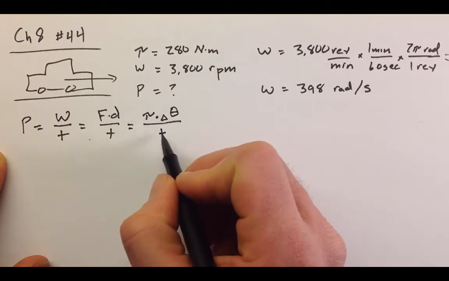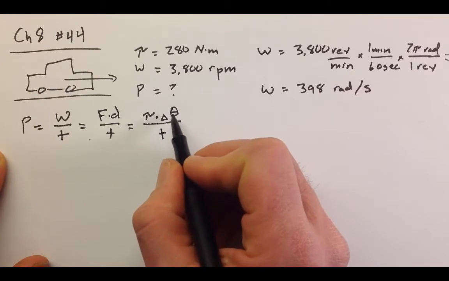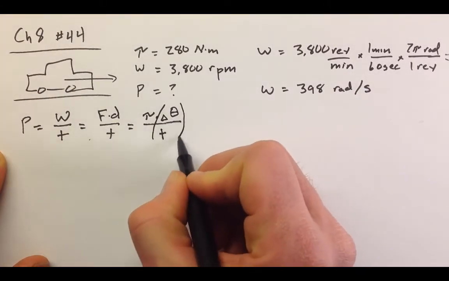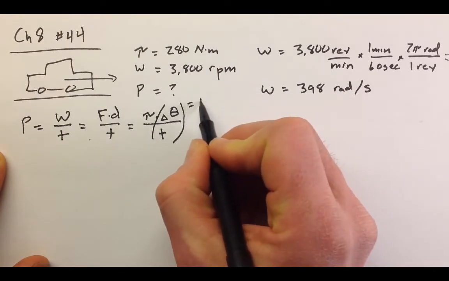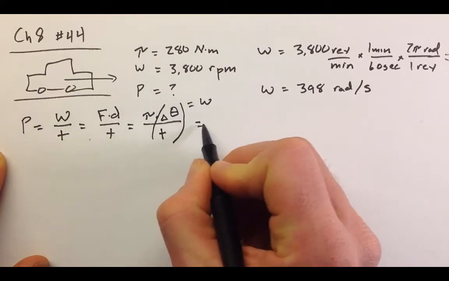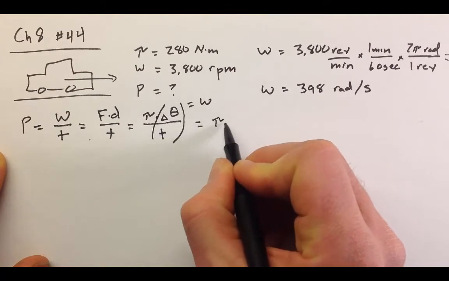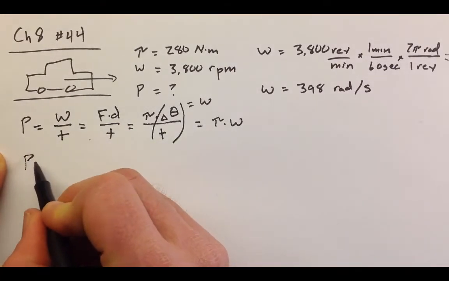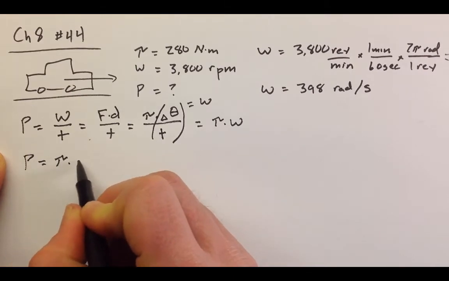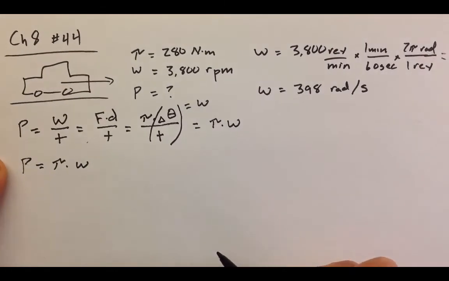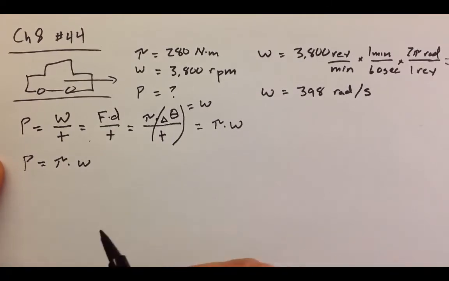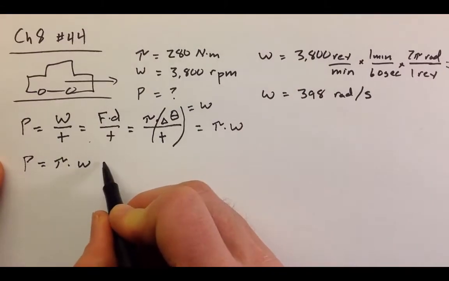But I don't have angle, I only have omega, which is angular speed, radians per second. So this is kind of like omega here. So power is equal to torque times omega. I didn't even remember the formula, but if you remember your linear formulas and which variables are analogous to which, you can figure it out.